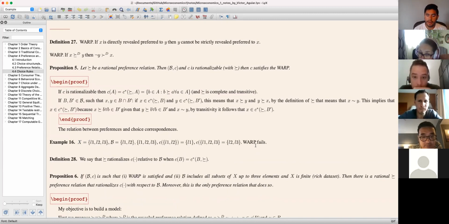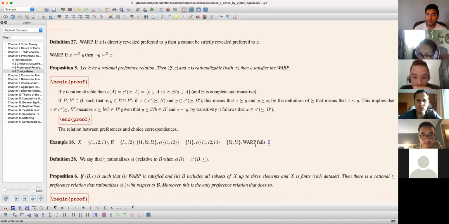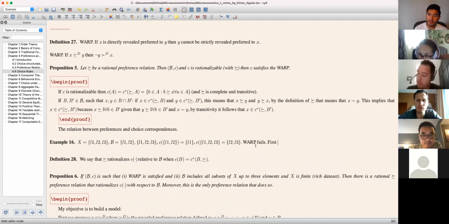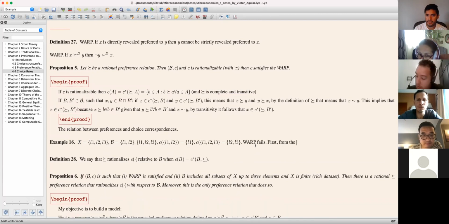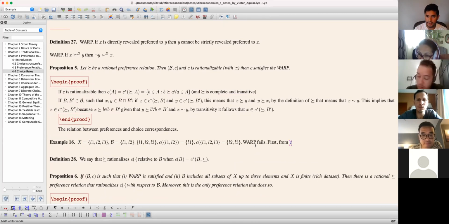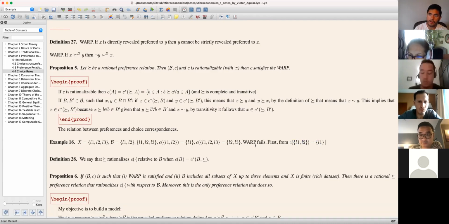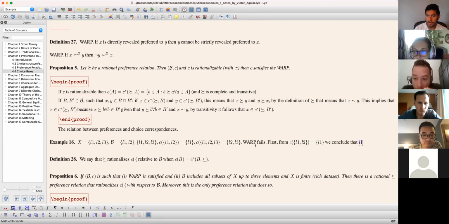So let's write the direct revealed preference relations, right? So first, from C, L1, L2, right? We conclude that L1 is strictly revealed preferred, sorry, to L2. Do you agree?